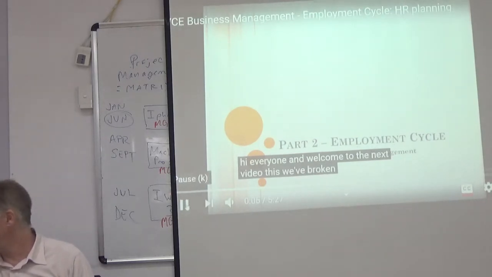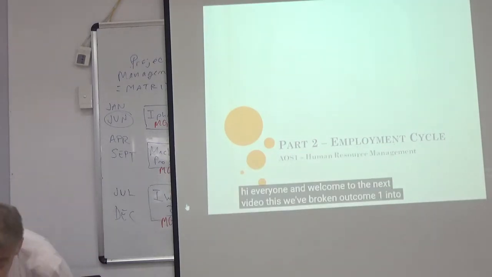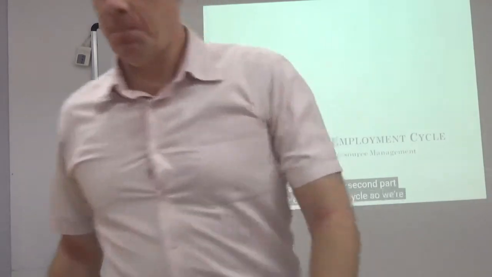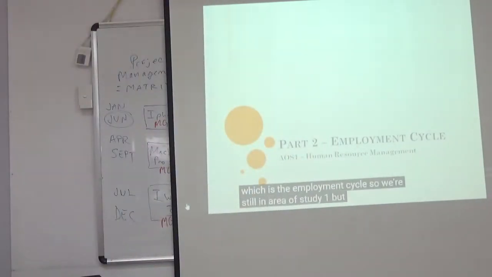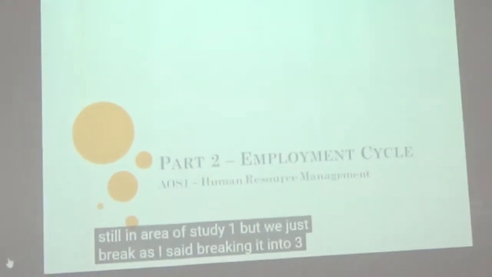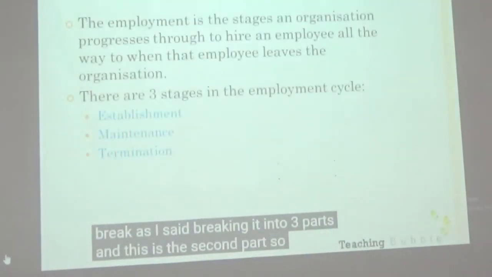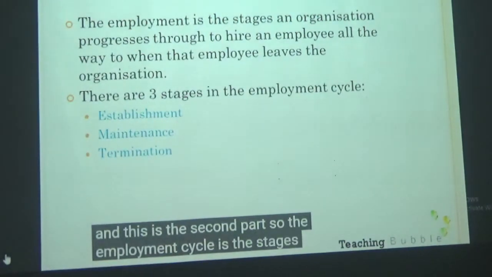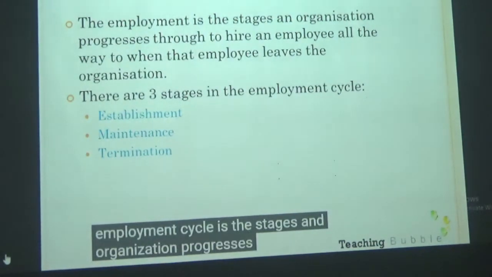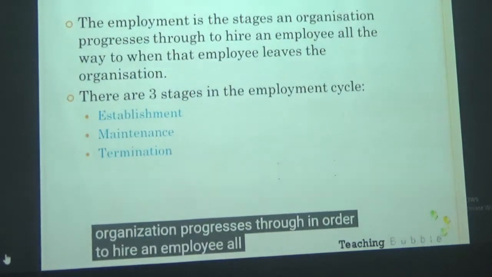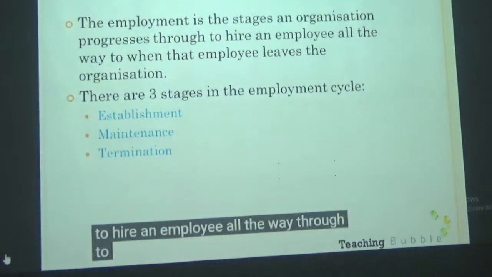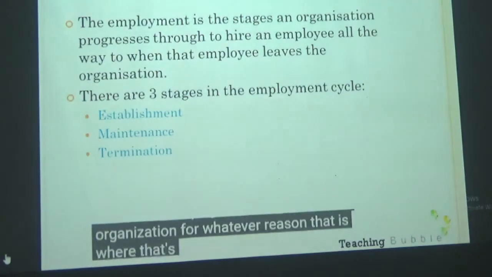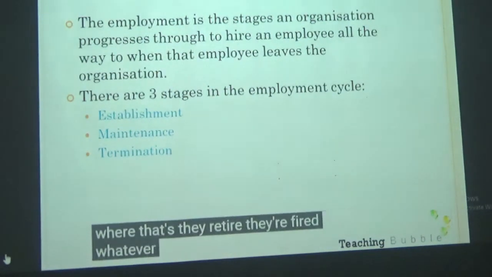We've broken outcome 1 into 3 parts. So this is the second part, which is the employment cycle. So we're still in the area of study 1, but we're just breaking it into 3 parts, and this is the second part. So the employment cycle is the stages an organisation progresses through in order to hire an employee all the way through to when an employee actually leaves the organisation, for whatever reason that is, whether they retire, they're fired, whatever reason.